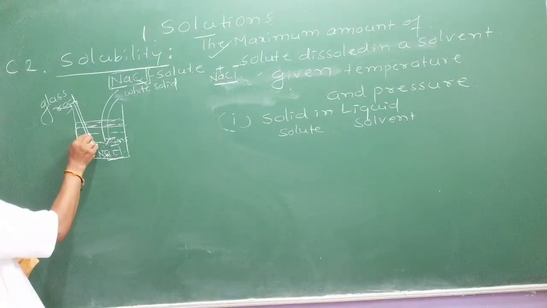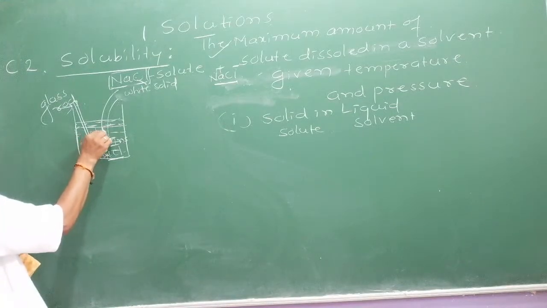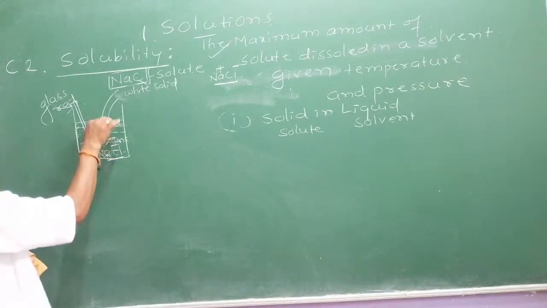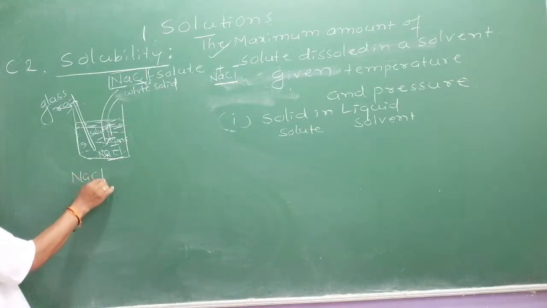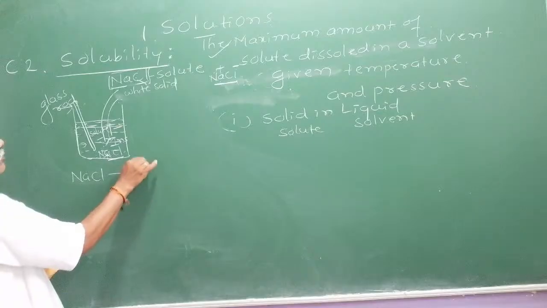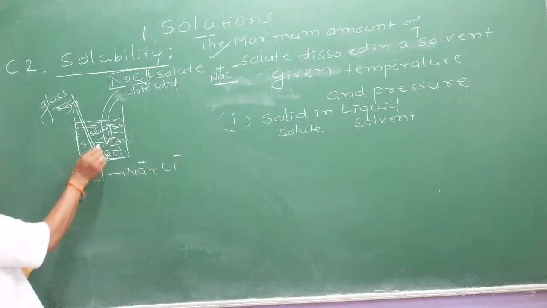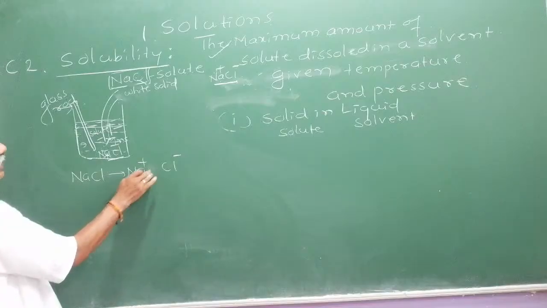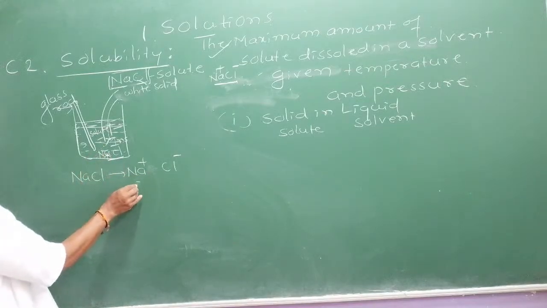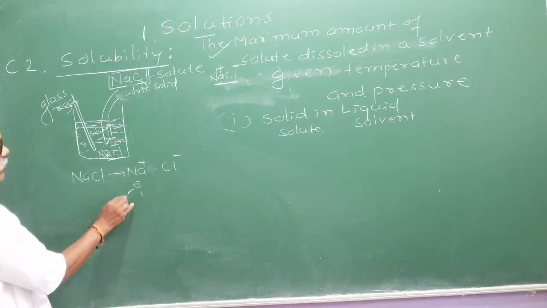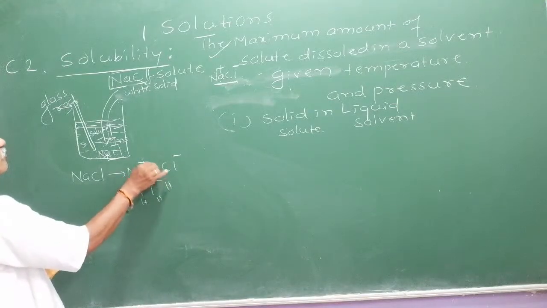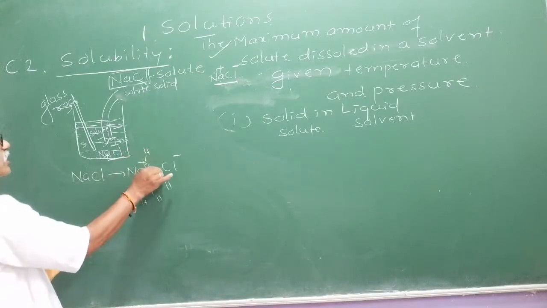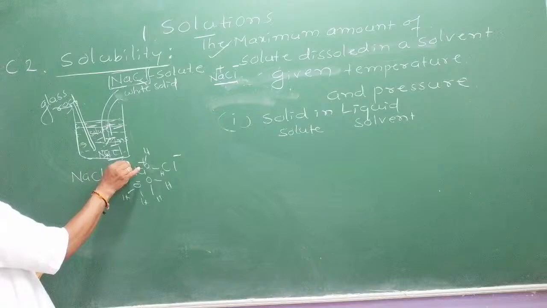What happens is, when these solute particles are put in water, the water will separate the particles. NaCl is separated into Na+ and Cl- ions. The Na+ ions are surrounded by the negative charge of the water molecules. I take this as a water molecule, oxygen, and a large number of water molecules with the negative charge center will completely surround the Na+ ion.